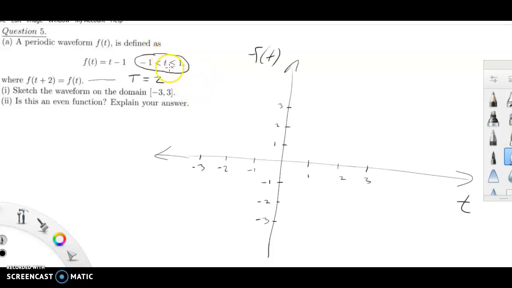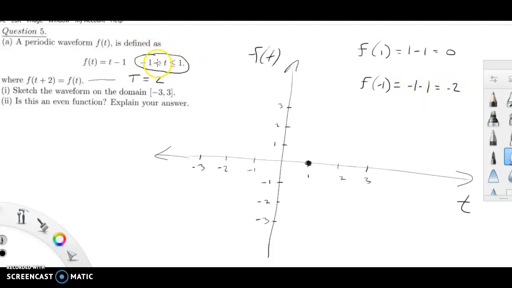t less than or equal to 1. So when t is equal to 1, f of 1 equals 1 minus 1 equals 0. So when t is 1, the height is going to be 0. And it's less than or equal to, so it's going to be a solid dot there. And then at the other end of this condition, minus 1, f of minus 1 is equal to minus 1 minus 1, which is equal to minus 2.